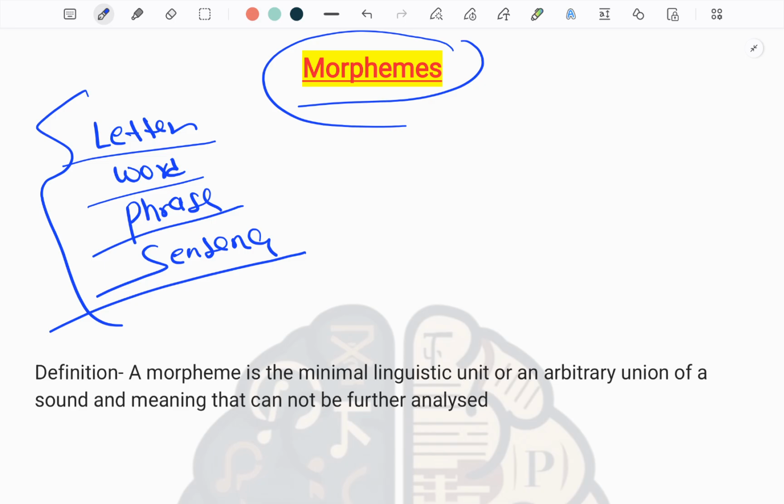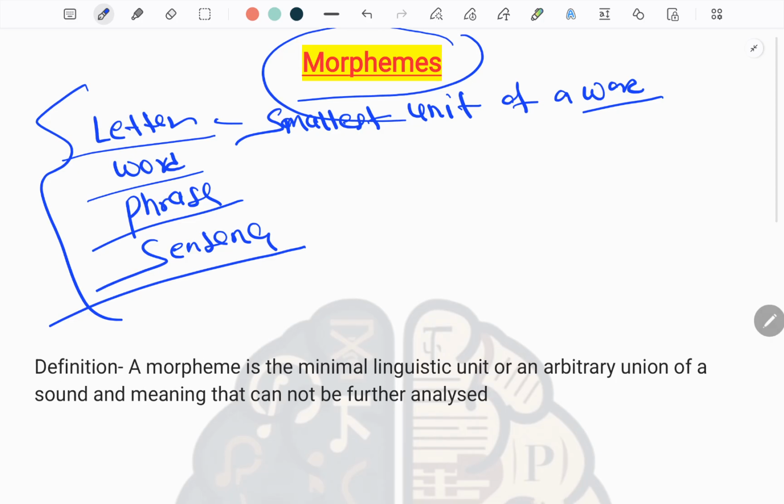So at first, what is a letter? A letter is the smallest unit of a word.